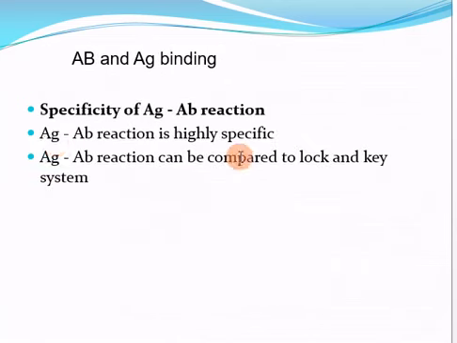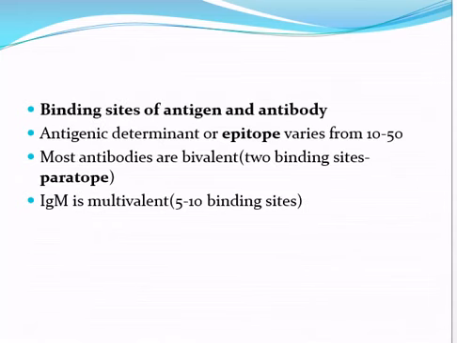This is just for further explaining how AG and AB become very specific in their reaction. You also know there is an epitope and a paratope part of the antigen and antibody, and this in fact helps them bind to each other.